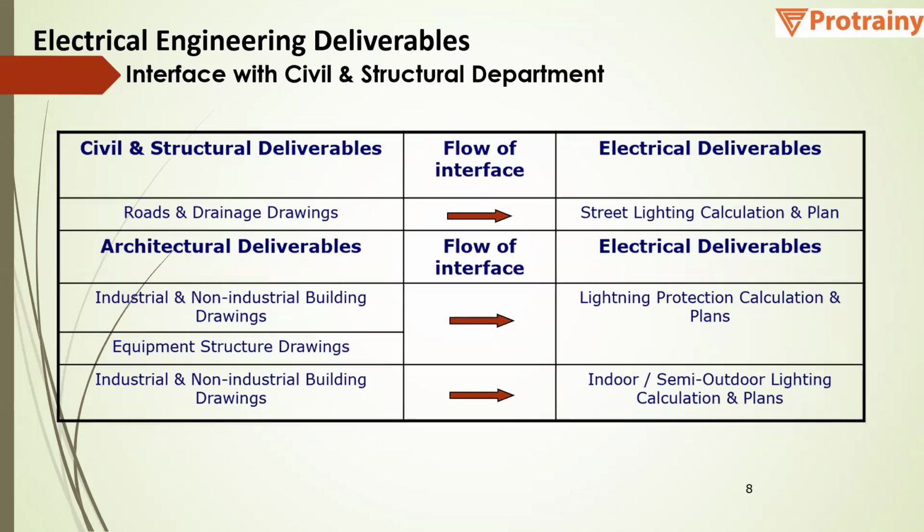Based on the road and drainage drawing, we will have the street lighting calculation and layout. Based on the architectural deliverables from civil, like the building, we will have the lightning protection calculation and plan, and the indoor and semi-outdoor lighting calculation and plan for the building.